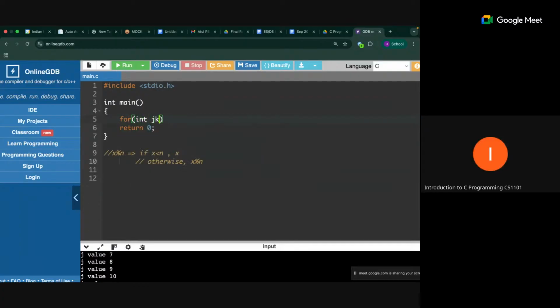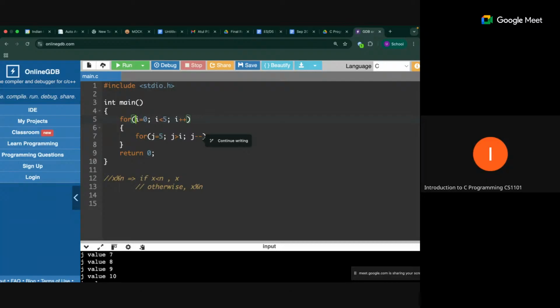Let's say for int i = 0; i < 5; i++ is mentioned. So we are sure that the i loop will run from 0 to 4, which is nothing but 5 times. And they have mentioned int j = 5; j > i. So the j loop runs based on the i value, right?